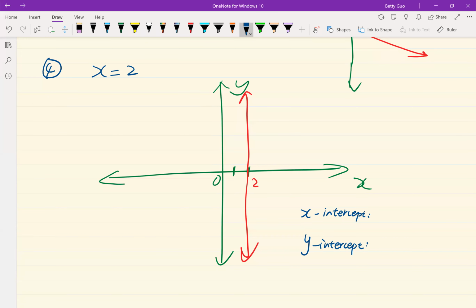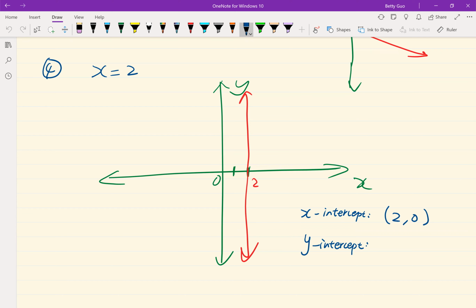By the definition, what's the x-intercept? Hey, don't tell me 2. It's not a number, it's an ordered number pair. 2, 0. Okay? Write it in a formal way. X-intercept is a point. The point is 2, 0.